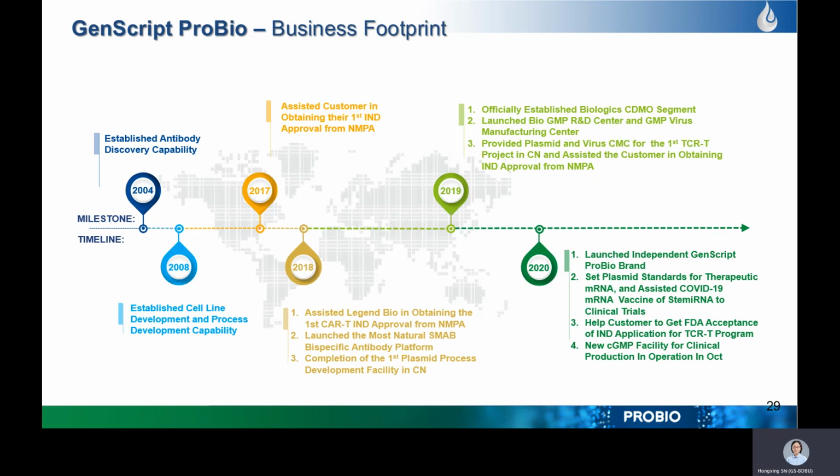In 2019, we officially established the Biologics CDMO segment and launched the BioGMP R&D Center and the GMP Virus Manufacturing Center. In 2020, we launched independent GenScript ProBio brand. Our new cGMP facility for clinical production was in operation in October.